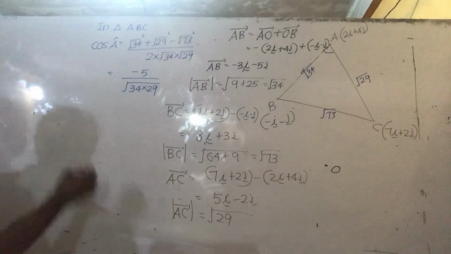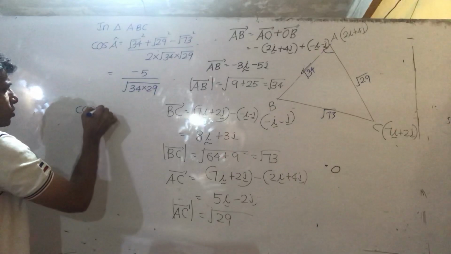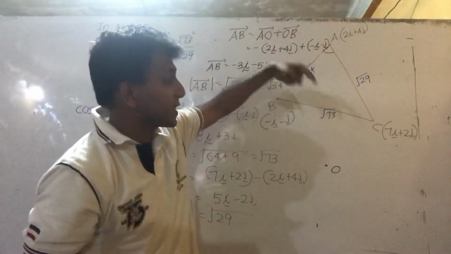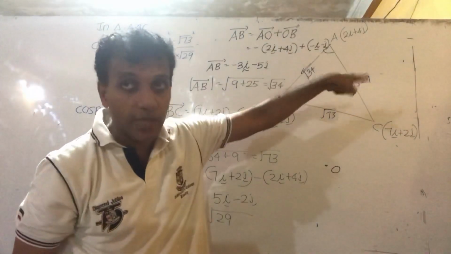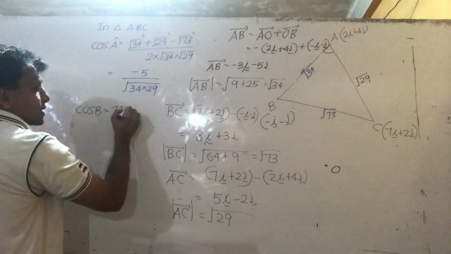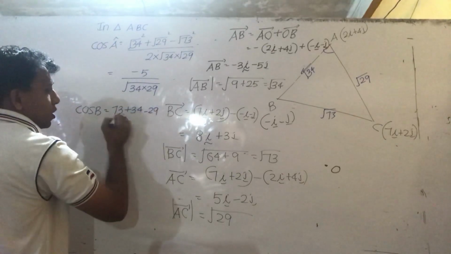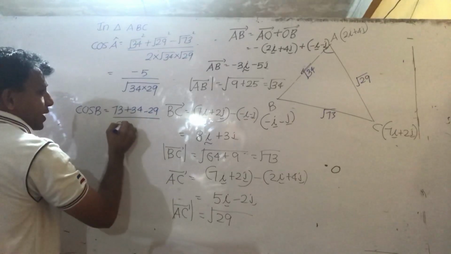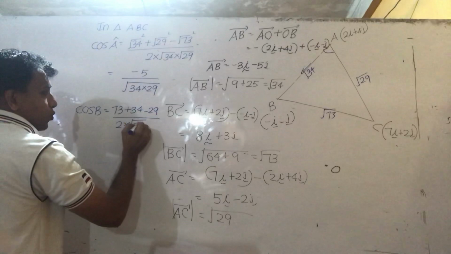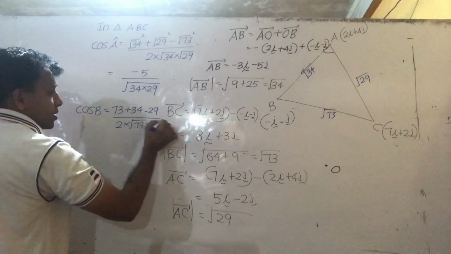Next, cos B. What is cos B equal to? Apply the cos rule. What is cos B here? Square of this plus square of that, minus the opposite square. So that means 73 plus 34 minus 29 over 2 times the adjacent product, square root 73 and square root 34, right?